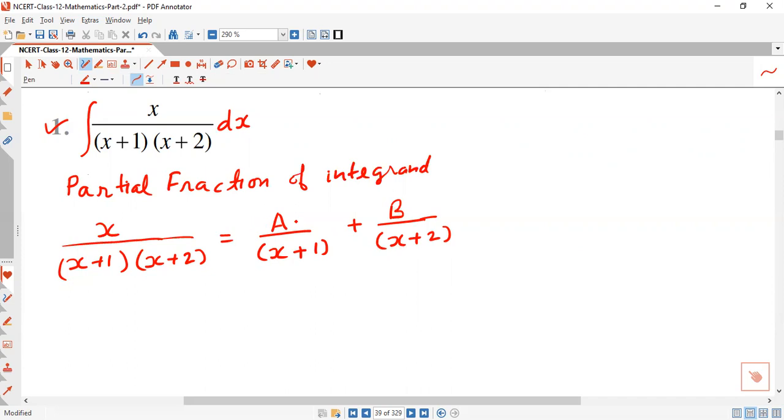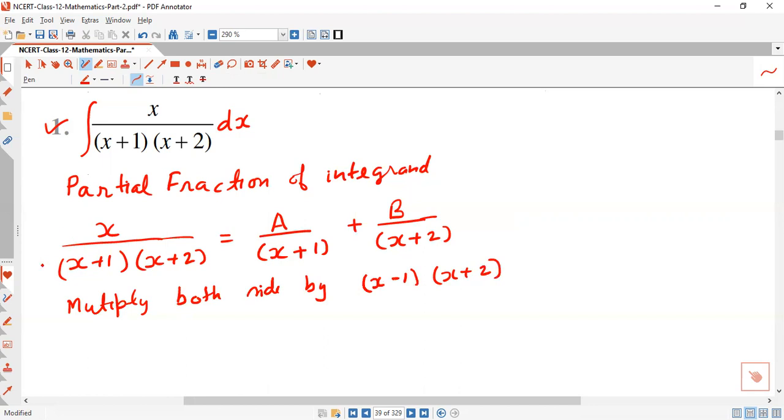Now I would like to find out the values of a and b. I will multiply both sides by the product of the factors, x plus 1 and x plus 2.